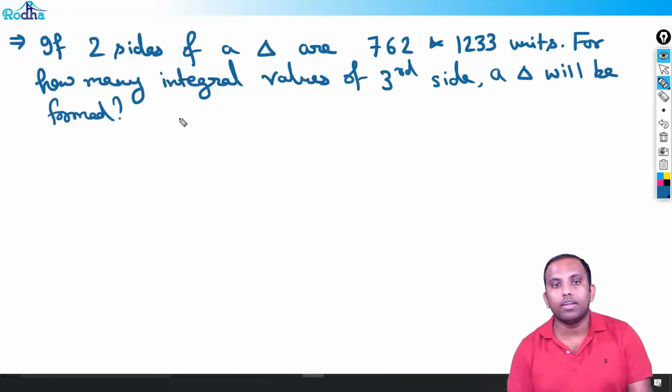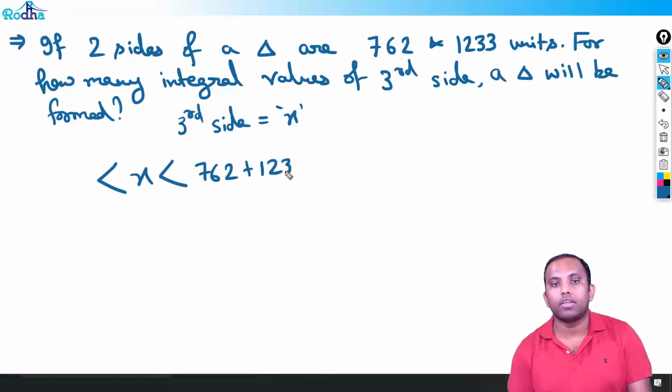So x should lie between the sum of the two sides, that is 762 plus 1233, and the difference of the two sides, 1233 minus 762.